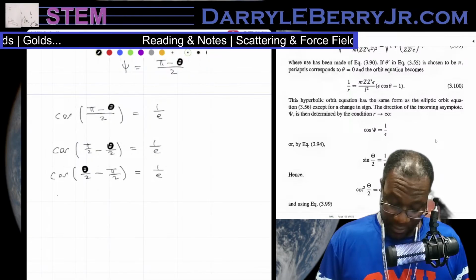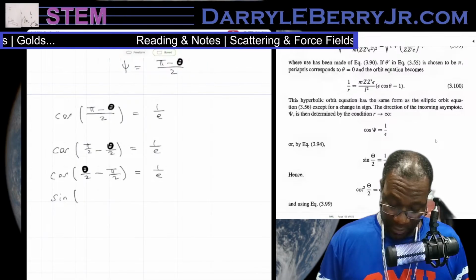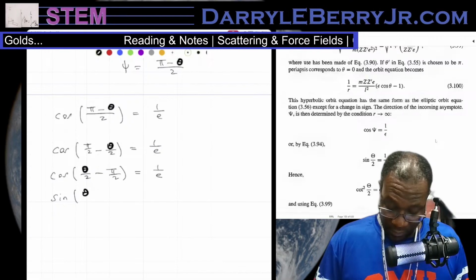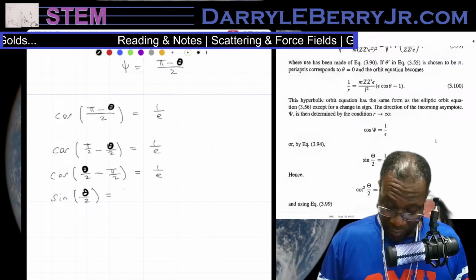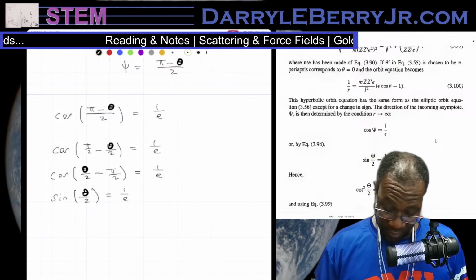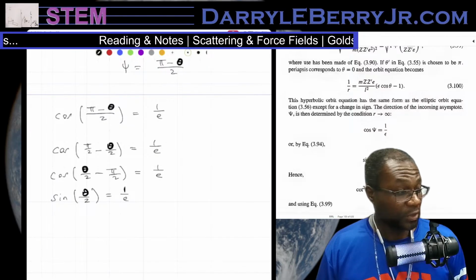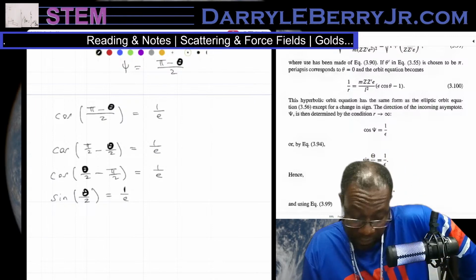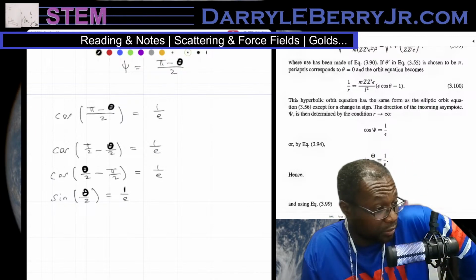So this becomes sine of big theta over 2 equals 1 over e. So we have that, and I think we're keeping up with the book. All right, so this seems to be the general reasoning.